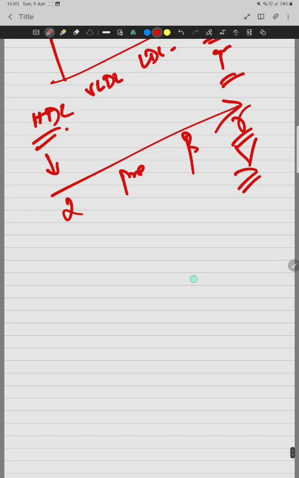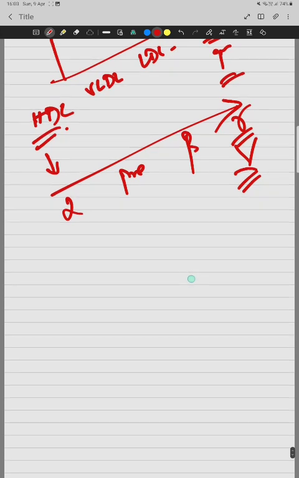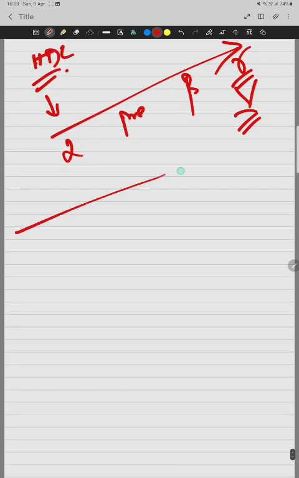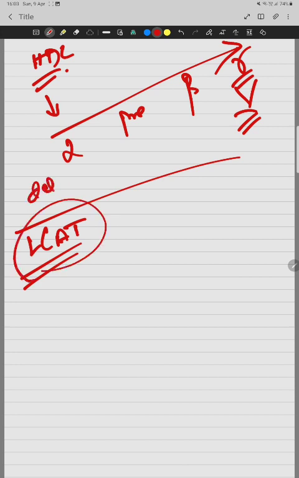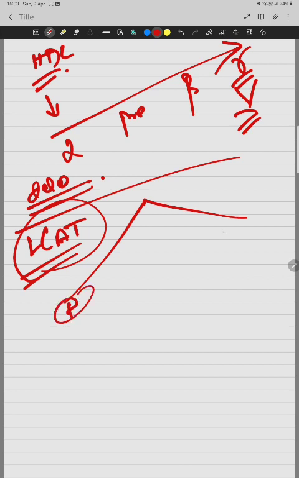So next coming to your apolipoprotein. The main function of your apoprotein is to aid in lecithin cholesterol acyl transfer. LCAT is a very important section, because how it is getting activated, how it is getting inactivated.